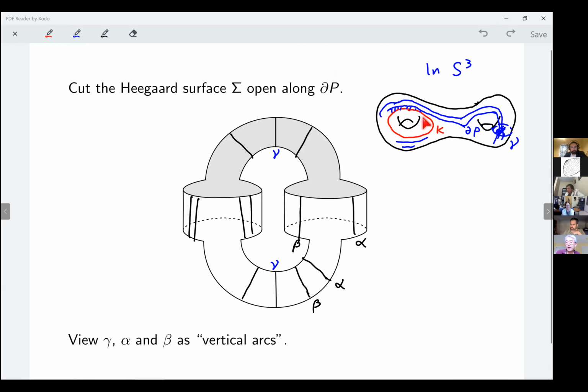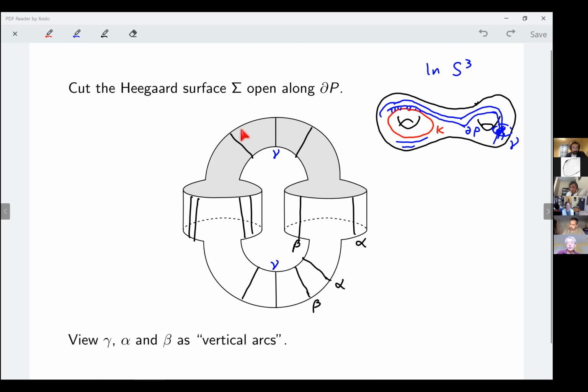You have a planar surface, the boundary slope is the surgery slope, is an integer. So the planar surface is going to intersect this disk bounded by gamma, and you can easily find a segment of gamma that intersects this boundary P from the same side, and the hyperelliptic involution gives you another curve.